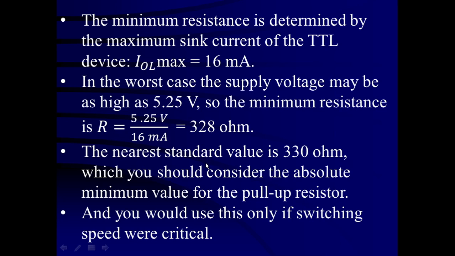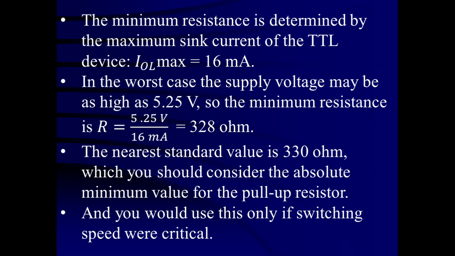The nearest standard value available in the market is 330 ohms, which you should consider the absolute minimum value for the pull-up resistance. So to speed up the action, you can reduce this pull-up resistance only down to 330 ohms. You cannot go lower than that. You would use this only if the switching speed were critical, and because the current drain is going to be very high, it is better not to use this lower value.